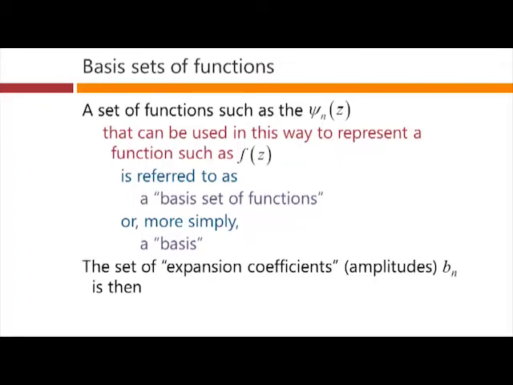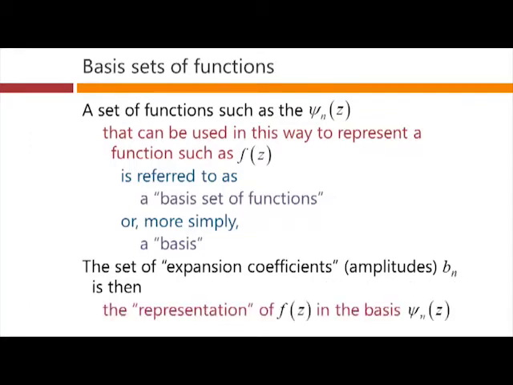And this set of expansion coefficients, as we now call them, these amplitudes B_n, is then the representation of f(z) in the basis psi n of z. What we're saying here is that any function f(z) can be represented in an appropriate complete basis.